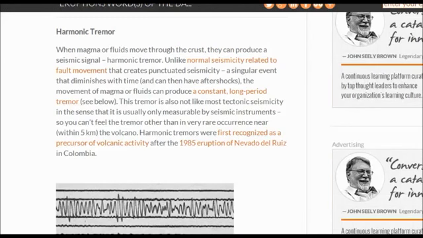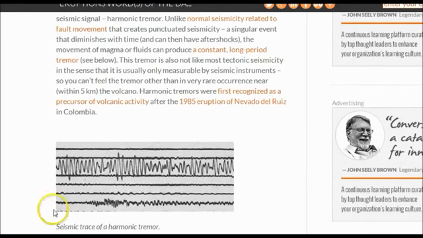Harmonic tremor. When magma or fluid move through the crust, they can produce a seismic signal. This is called a harmonic tremor, unlike normal seismicity related to fault movement that creates punctuated seismicity, an earthquake. A singular event that diminishes with time and can have aftershocks. The movement of magma or fluid can produce a constant, long-period tremor, and they have an image of what that would look like.